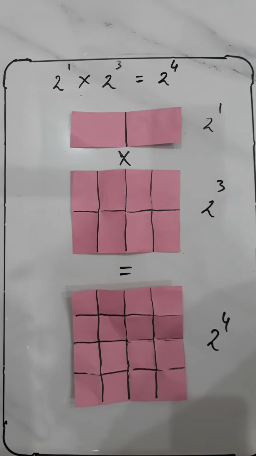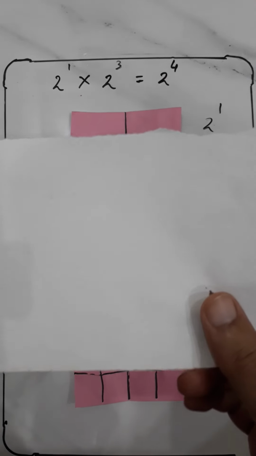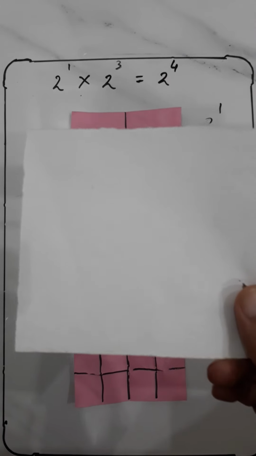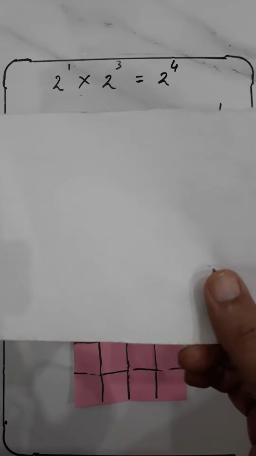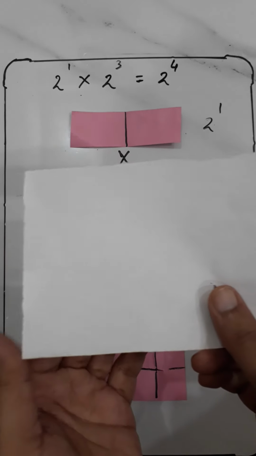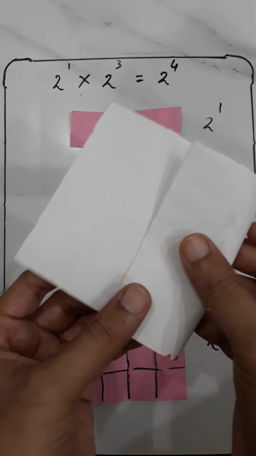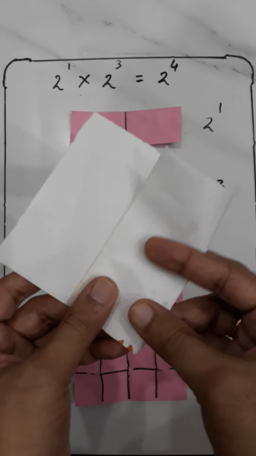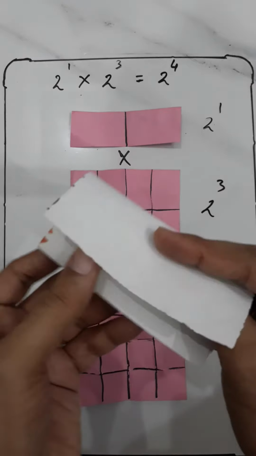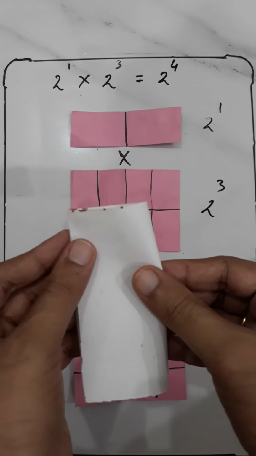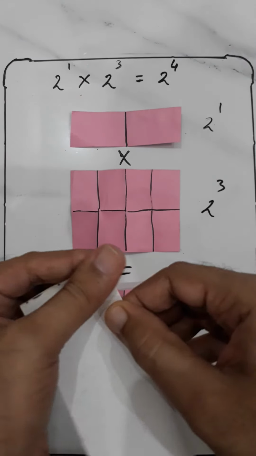But yes, now a question may arise in your mind: what if it is something else apart from this? Now see, I have taken one more page, and I am going to show you how you can find out 3 square. You know that 3 square means 3 into 3. So I have divided this paper into 3 equal parts like this.